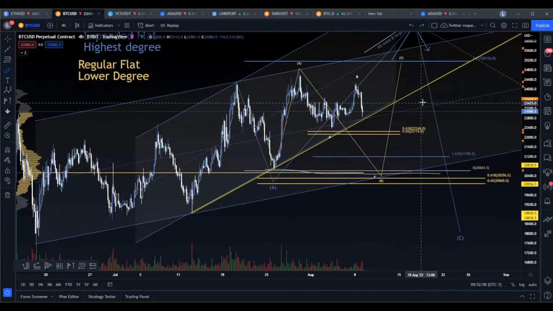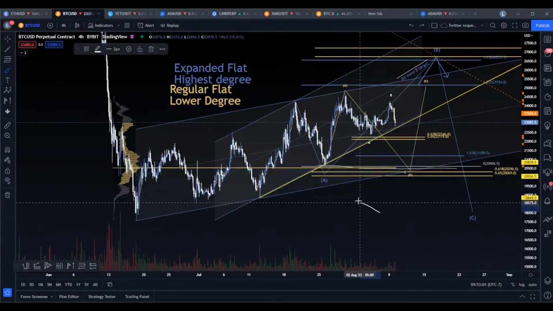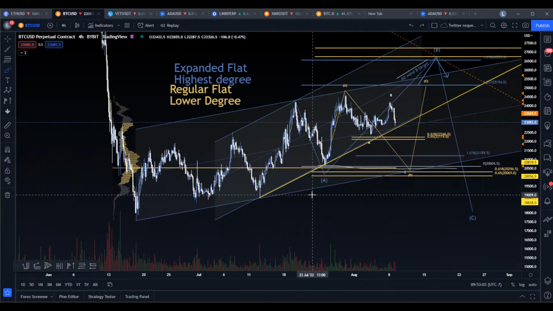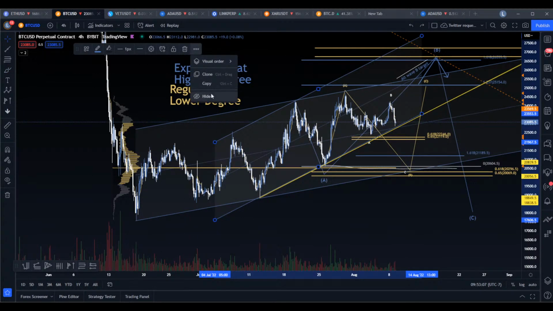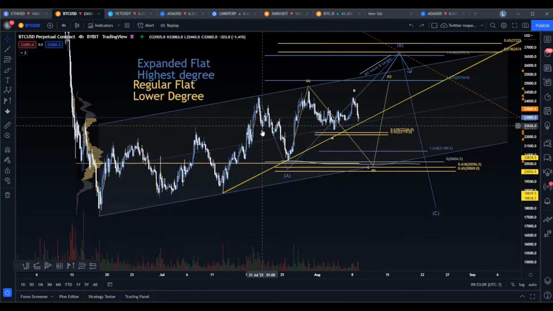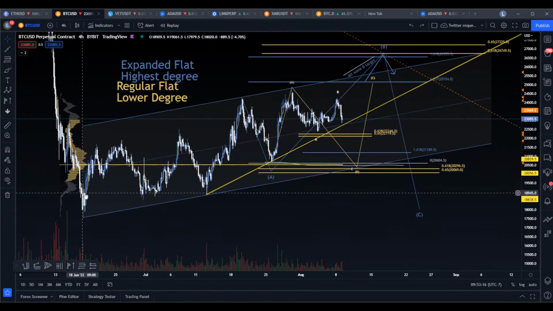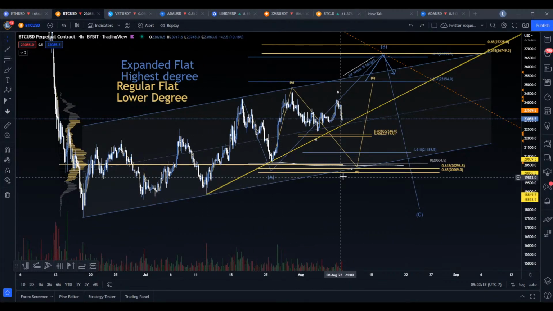But a higher time frame idea. Let's remove this channel just to clean up the chart. It's sort of an Elliott wave idea here, just the corrective count on the chart. We have this larger descending or ascending channel idea.